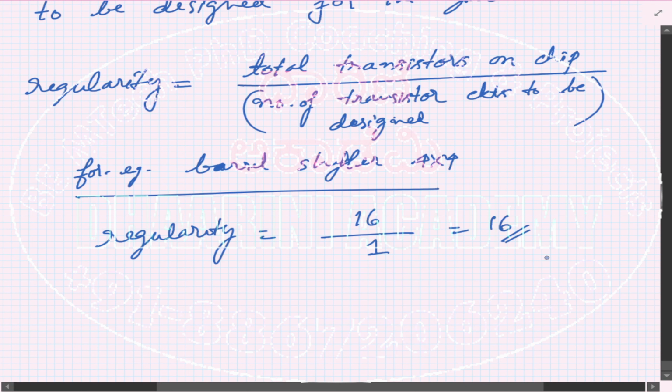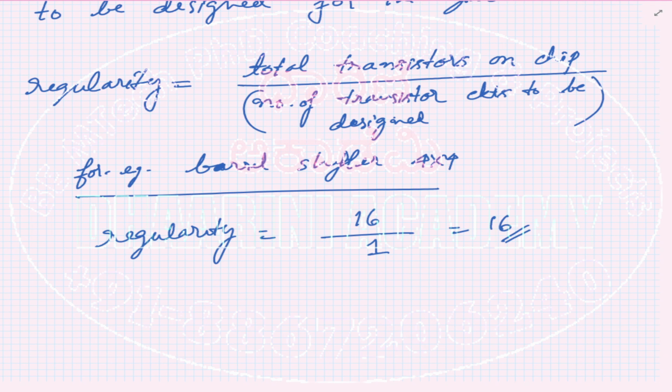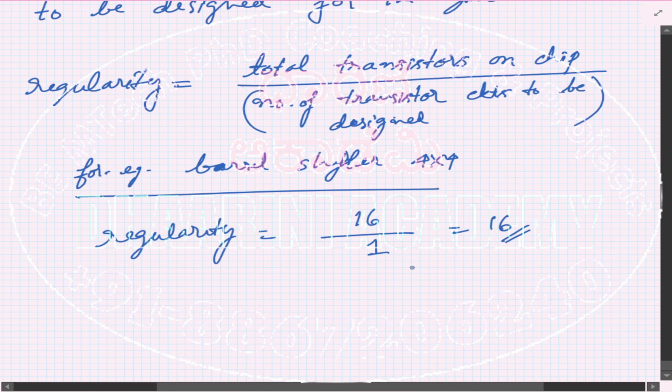Whereas when the regularity is low, you have many components to design, because as the denominator increases, the regularity will reduce. The denominator increasing means the number of transistor circuits you have to design is increasing. That indicates the number of circuits you need to design in the chip is more, so less regularity, which means complex design.